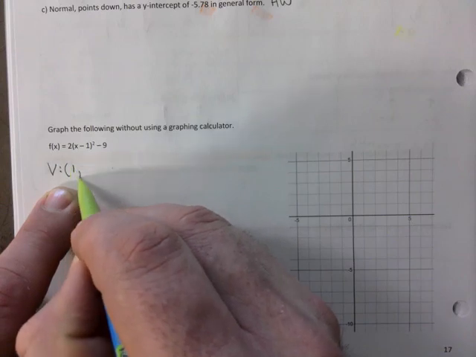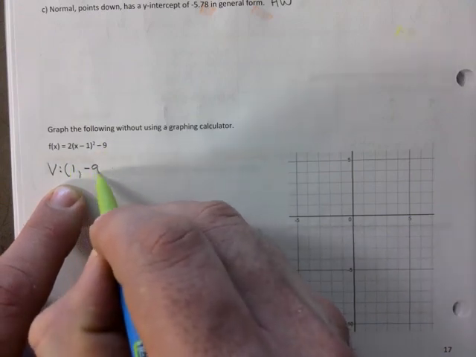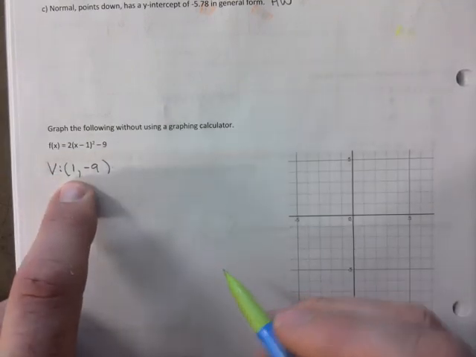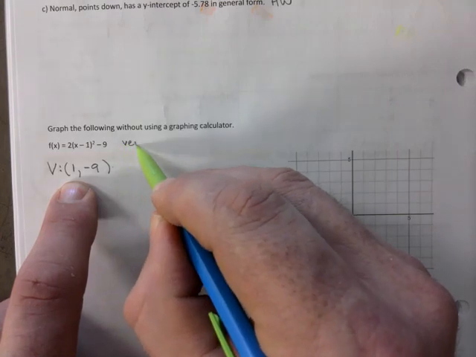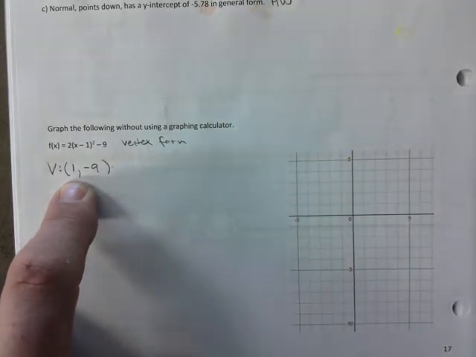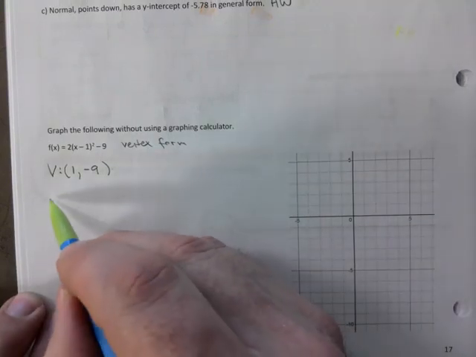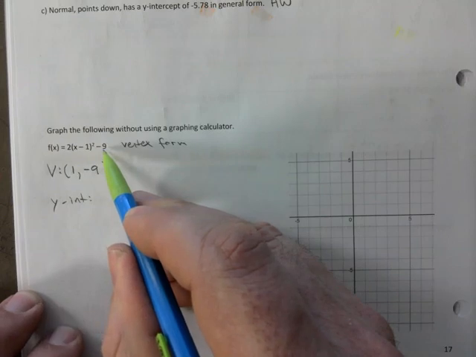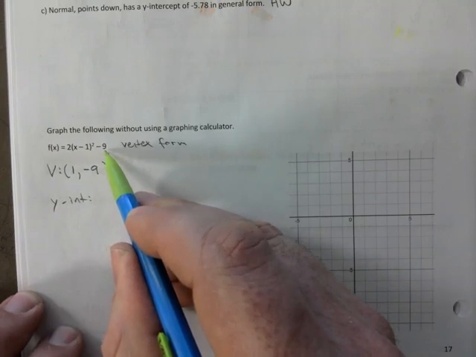+1, -9. Okay? You know the vertex is there. Okay? Because you know this is in vertex form. What is the y-intercept? 0, -9. Nope, it's not, right?